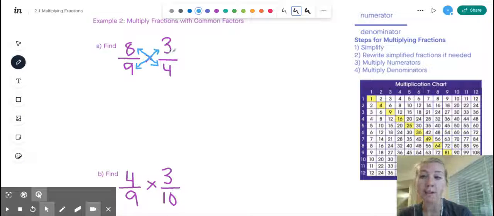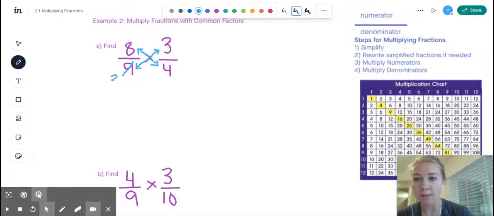I know that 9 is a multiple of 3. If I look on my chart here, if we count by threes, 3, 6, 9, that's a multiple of 3. So we can say that 3 goes into 9 how many times? 3 times. Because I counted over here. Ready? 1, 2, 3. 3 goes into 9 3 times.